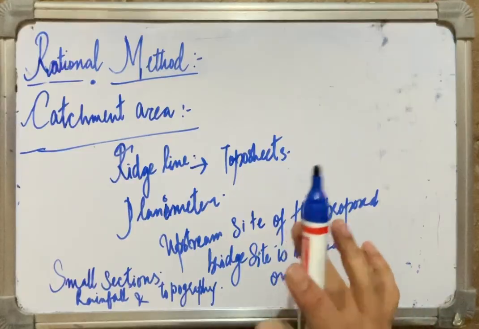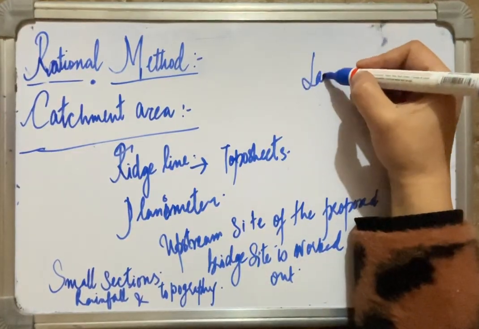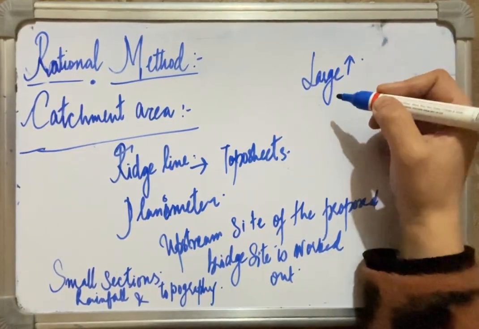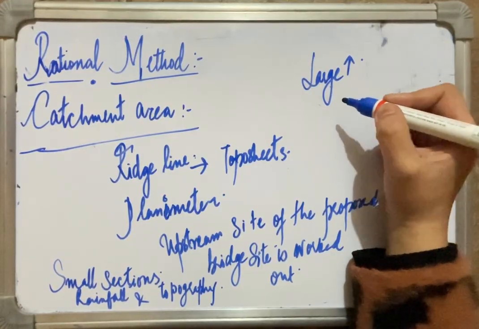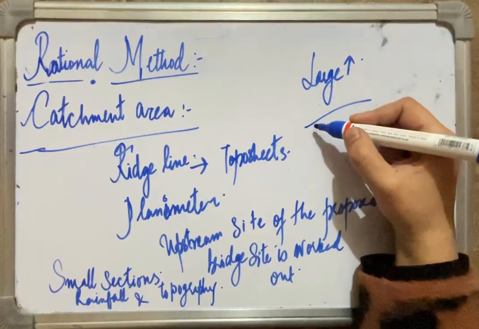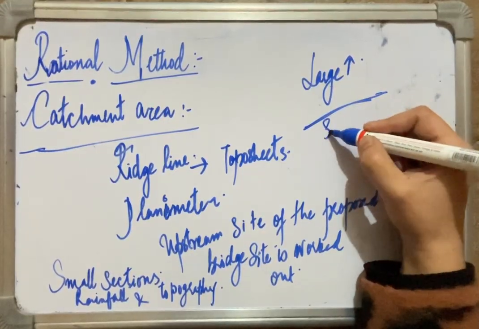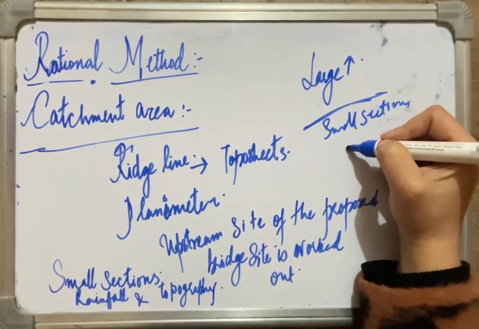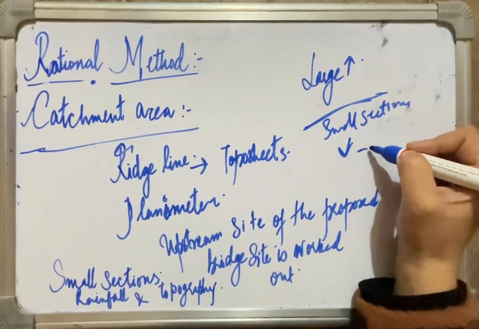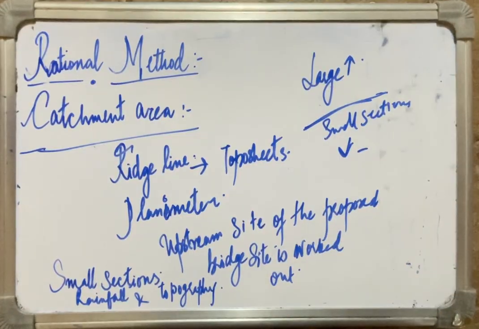And if the catchment area is quite large, then with regard to the rainfall and topography, we go on dividing the area into small sections, and then we calculate the runoff from each section separately, then add them to find the total discharge. Alright, so this was about the catchment area.